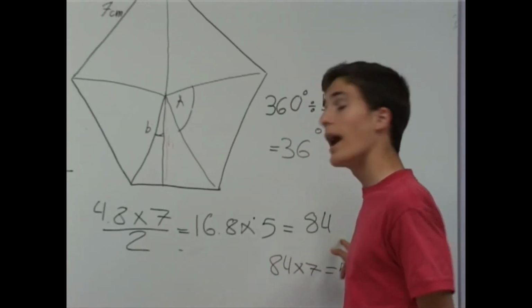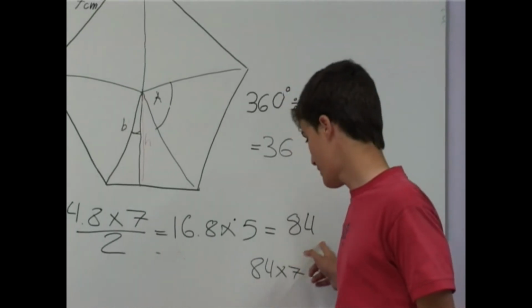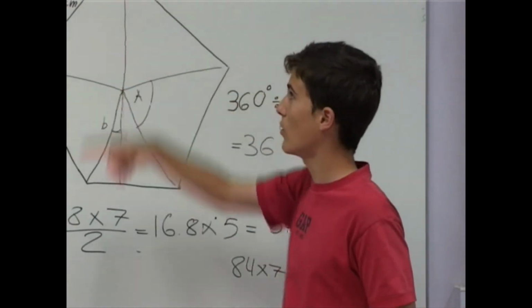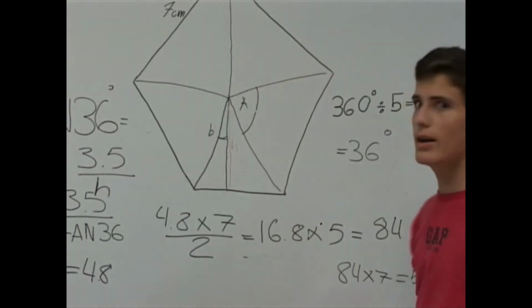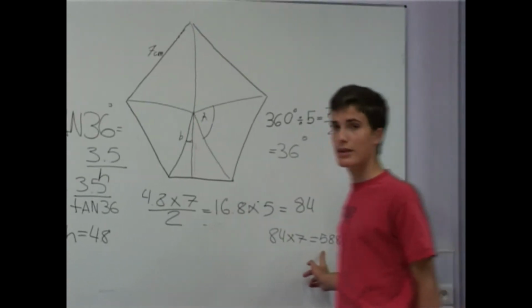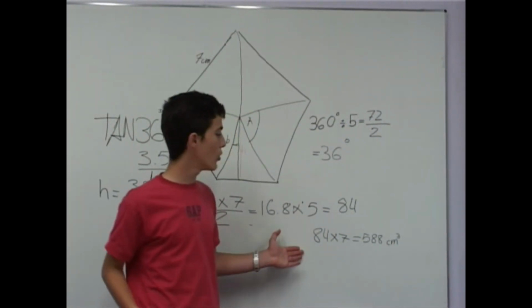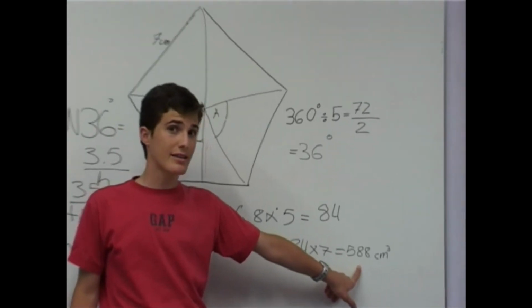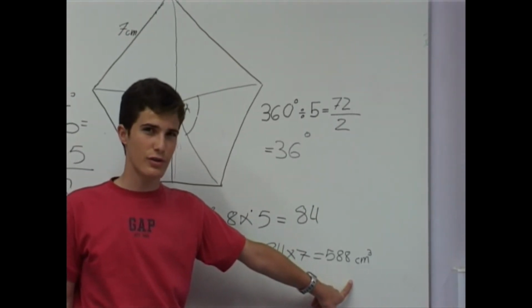So it's 84, and that 84 we times by 7, which is the whole length of the pentagon, and that gives us the whole answer: 488 centimeters cubed.